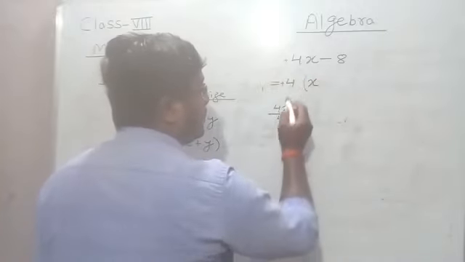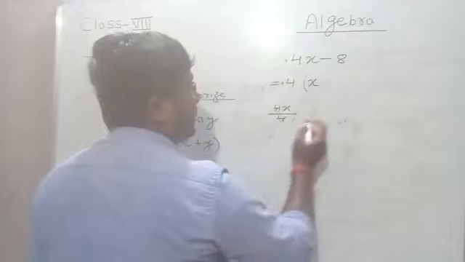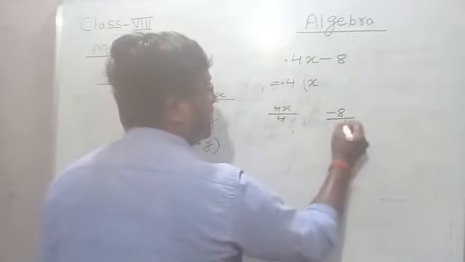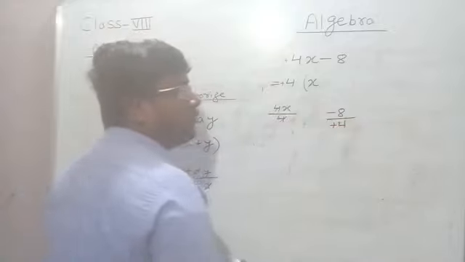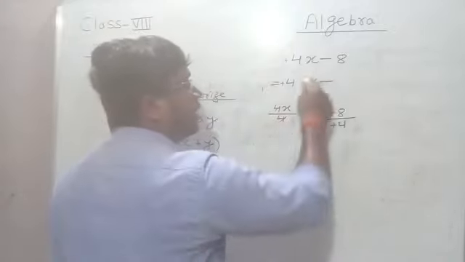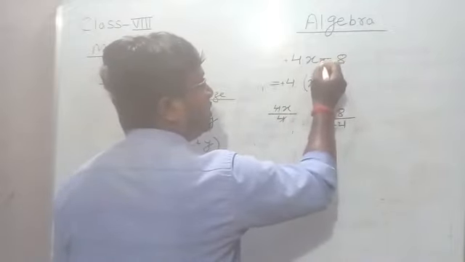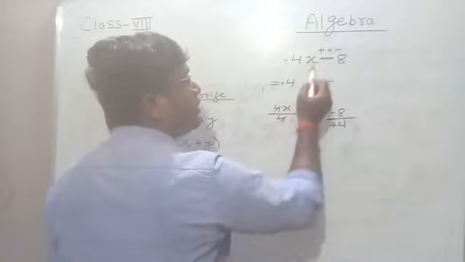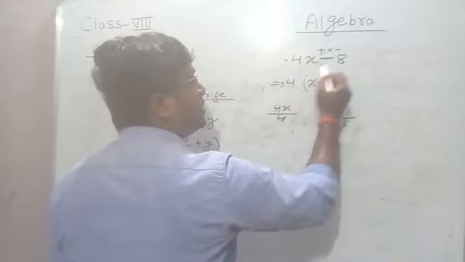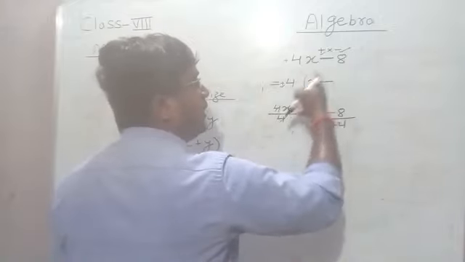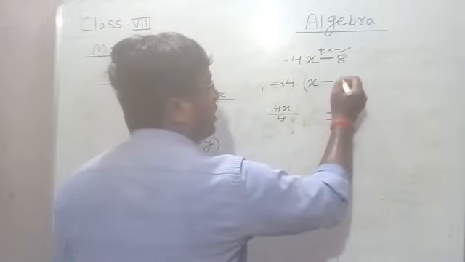The second term is minus 8, and from minus 8 we have taken plus 4 as common. Minus divided by plus is minus, or we can understand that this minus is made up of plus into minus. So plus is taken as common, and minus is remaining. From 8, 4 is taken as common, so what is remaining here?